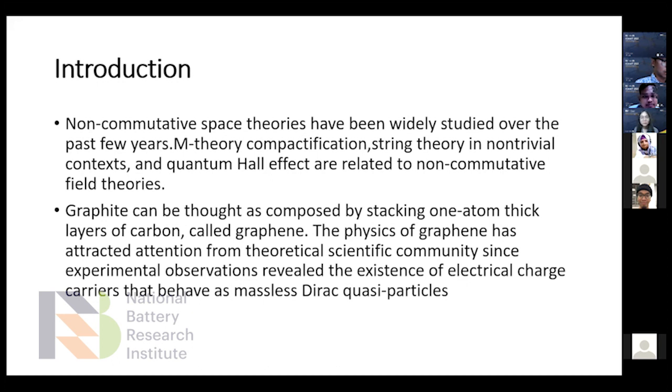The physics of graphene has attracted attention from the theoretical scientific community since experimental observation revealed the existence of electrical charge carriers that behave as massless Dirac fermions. So we are going to study this material theoretically in the non-commutative geometry.